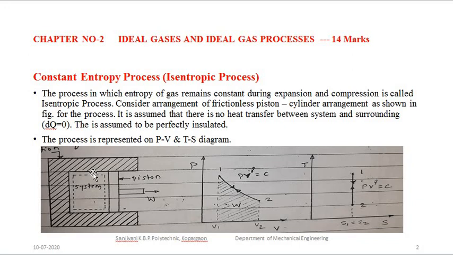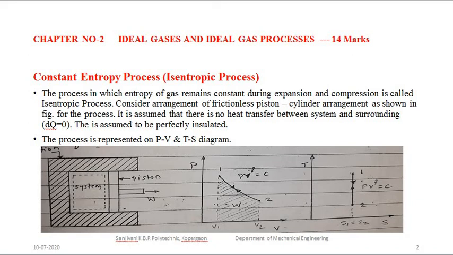Entropy will remain constant. Now practically it is not possible to manufacture a perfect insulation. Therefore this is a totally ideal gas process. This is an imaginary process, just like the other processes we have seen in the previous lectures.